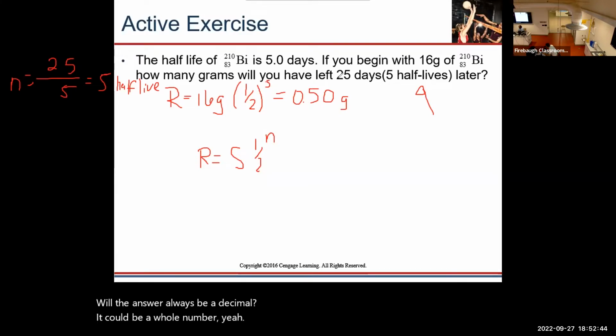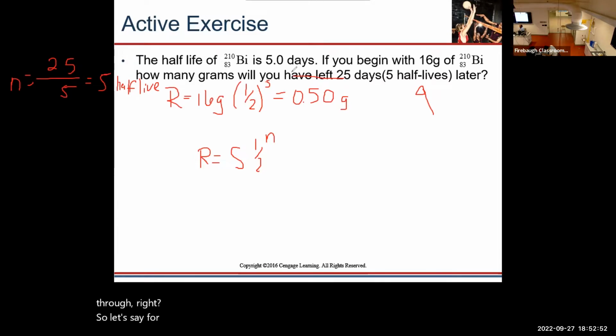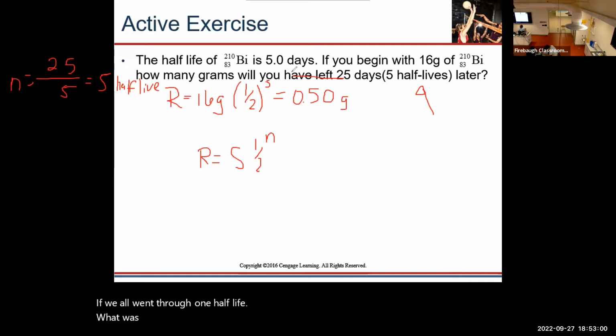But in this case, it just depends on how many half-lives you put. So let's say, for instance, if we went to 1 half-life, how much? 1 half. What's that? 8, right? After 16.